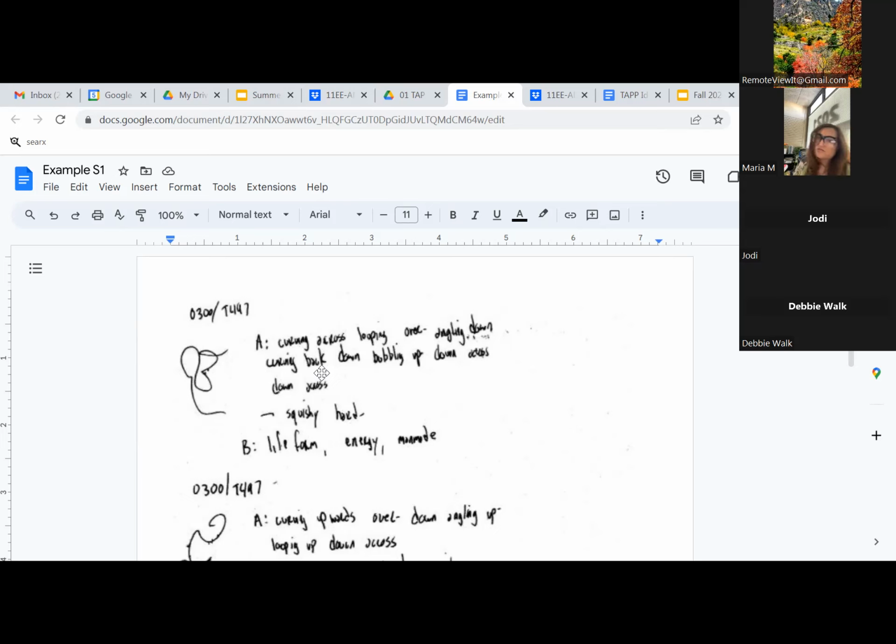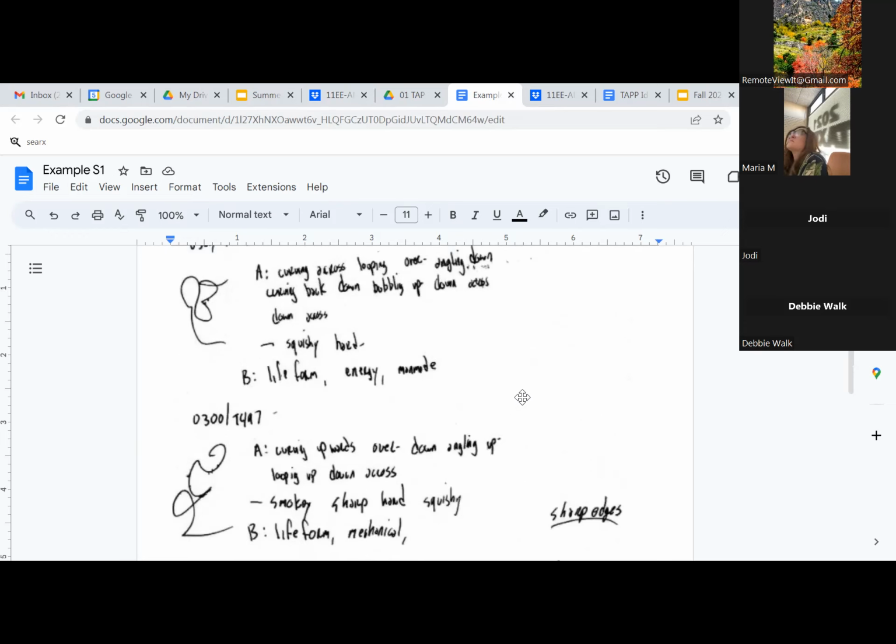It just felt like when I put my pen on that ideogram, you can see the two little dots there. That's why I touched it. It felt squishy and hard. And I don't know why. I didn't try and think about why. I just wrote down my perception. Then my deduction based on what it looks like is life form, energy, and man-made. And I don't know why I chose that, but I did.